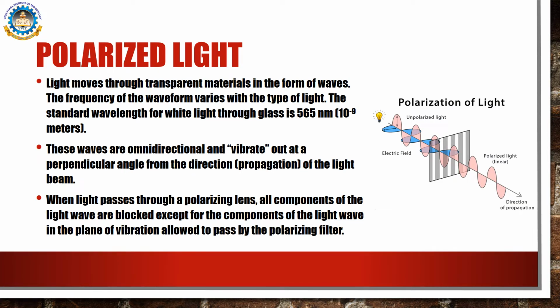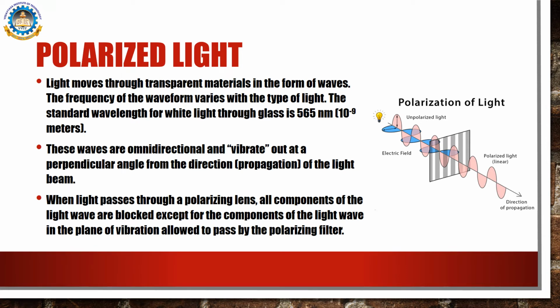Polarized light. Light moves through transparent material in the form of waves. The frequency of the waveform varies with the type of light. The standard wavelength of white light through glass is 565 nanometers.